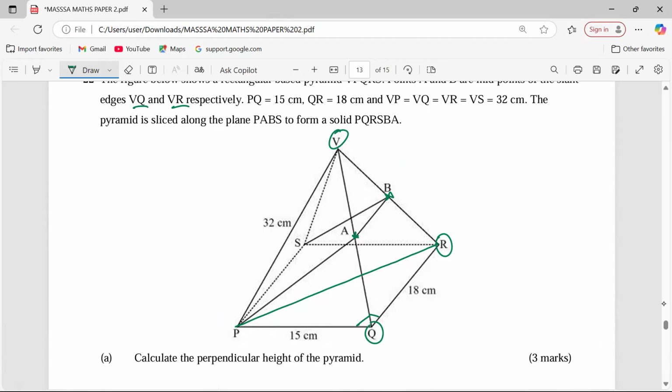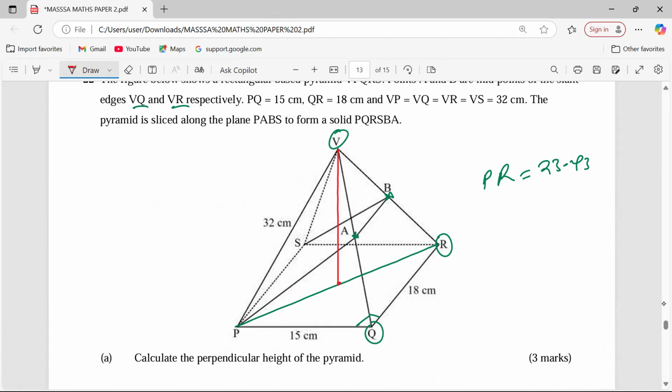We are getting 23.43. So PR equals 23.43. Now the vertical height is from V all the way to the mid of the base.